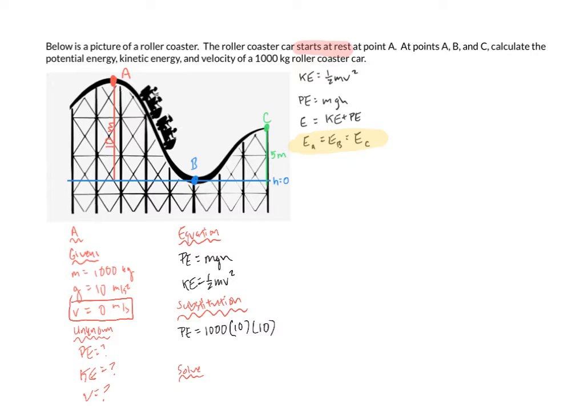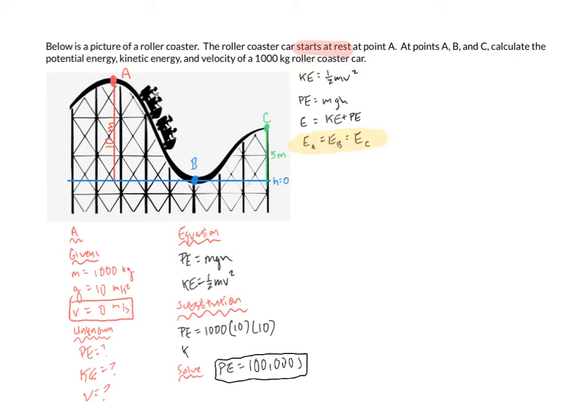And I will find that my PE is equal to 1,000 times 10 times 10, or 100,000 joules, which again I could rewrite as 100 kilojoules.